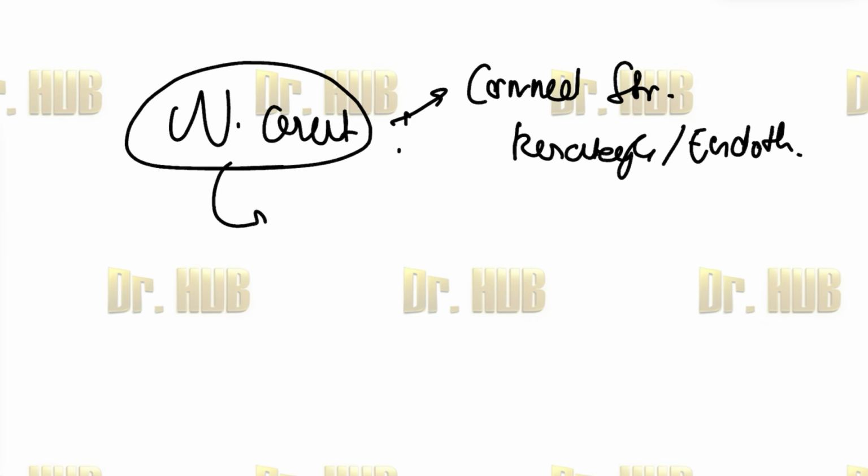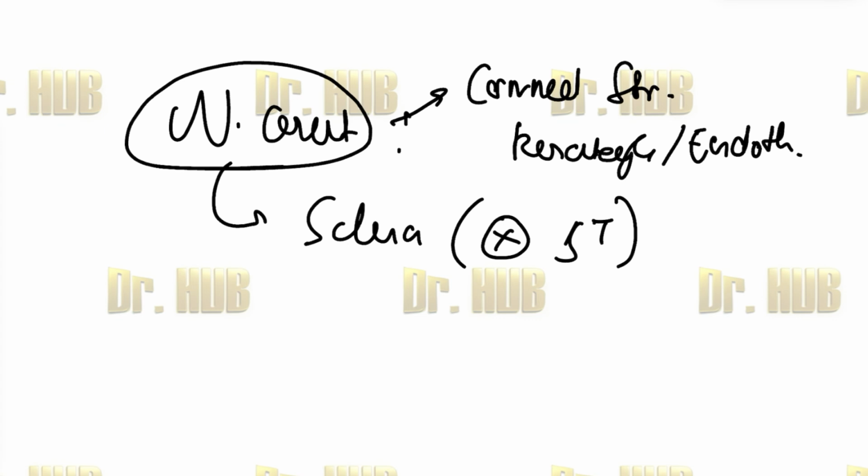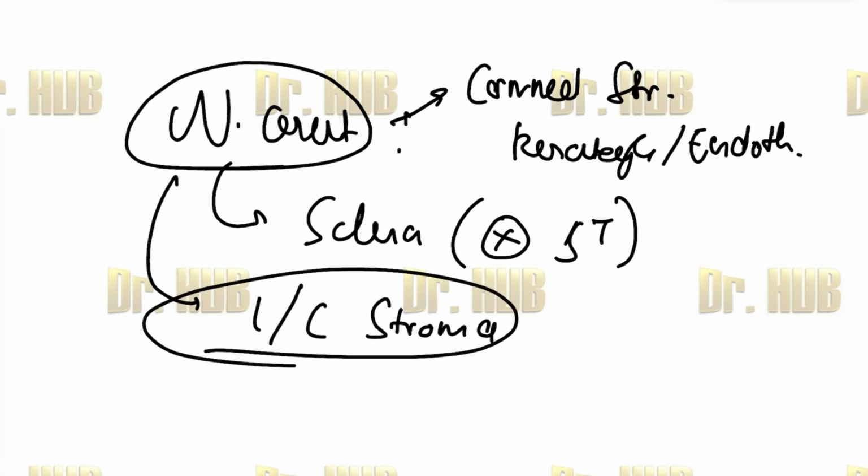Next part of the neural crest includes the sclera, except the supratemporal part. The supratemporal part, we saw, was part of the mesoderm. The neural crest also contains the iris and the choroidal stroma.